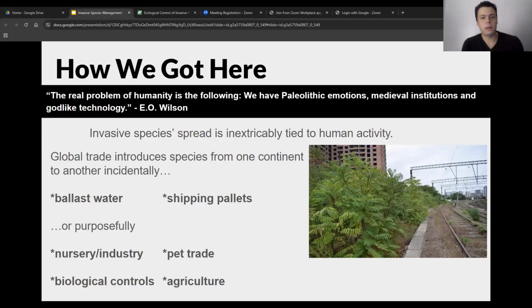So we can talk a little bit about why we have invasive species in the first place. And it's important to remember that the definition of an invasive species is inherently tied to human beings.